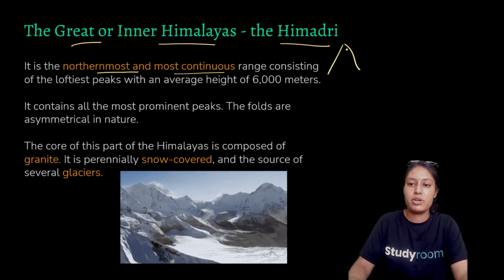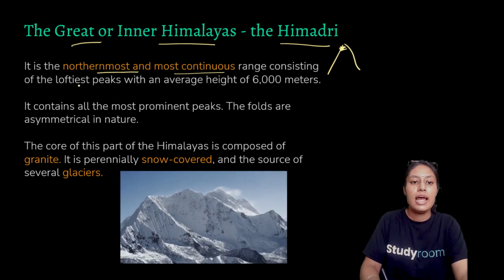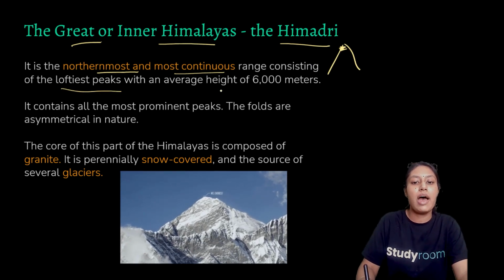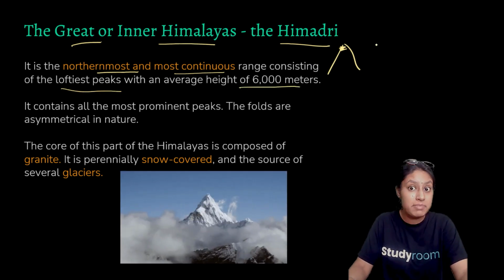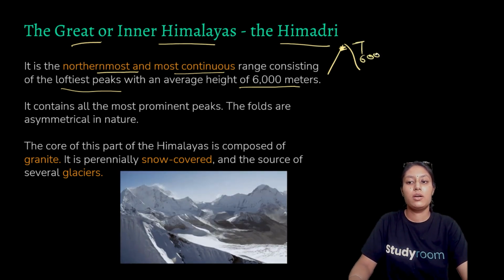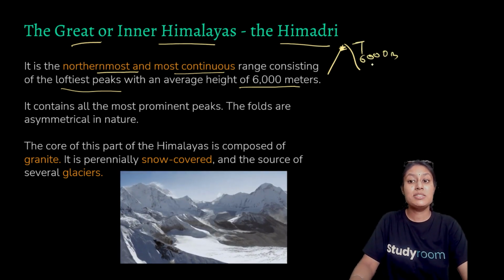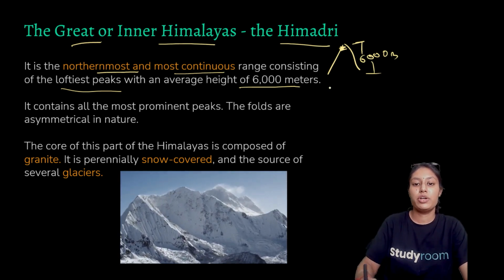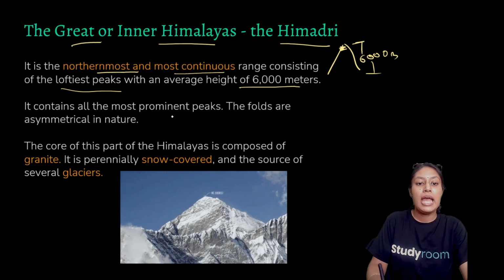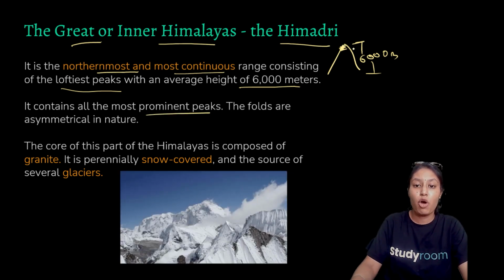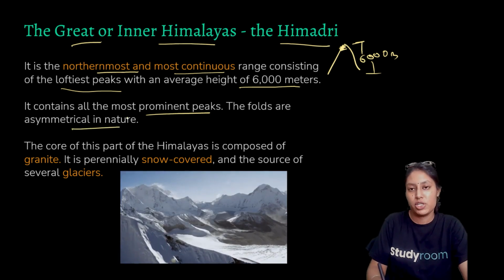We understand that because it's the topmost part with the loftiest peaks, with an average height of 6,000 meters from the foothills, from Shivalik. And it is the most prominent peak and asymmetrical in nature.